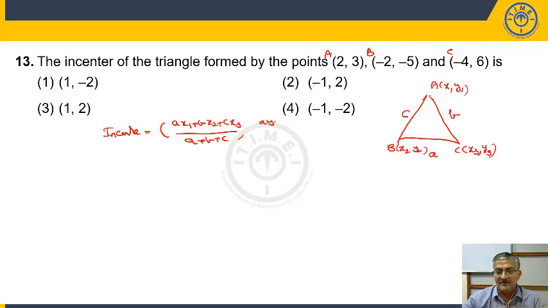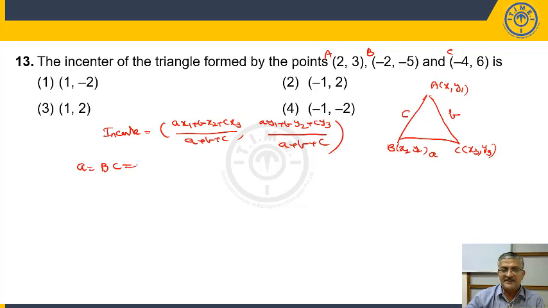Similarly, (a y1 plus b y2 plus c y3) by (a plus b plus c). So a is the length BC, b is the length CA, c is the length AB. So this is ABC. First let us calculate small a. Small a is the BC length. We observe the BC length: -4 minus of -2, so 2 square plus 11 square. That is root 125. Root 125 can be written as 5 root 5.